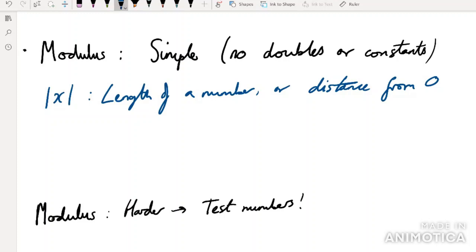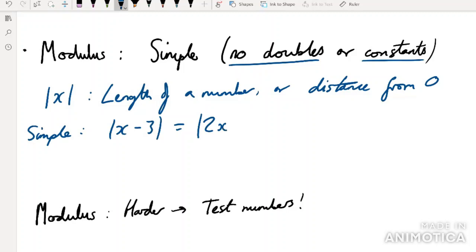That's all it means. But then we actually need some concrete ways of dealing with it. So the first thing I want to talk about is simple modulus questions. My definition of simple is that you've got no double moduluses, moduli, something like that, and no constants. So for example, simple would be mod x minus 3 equals mod 2x plus 5.